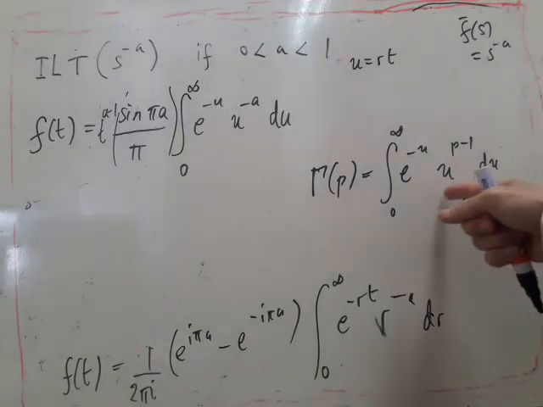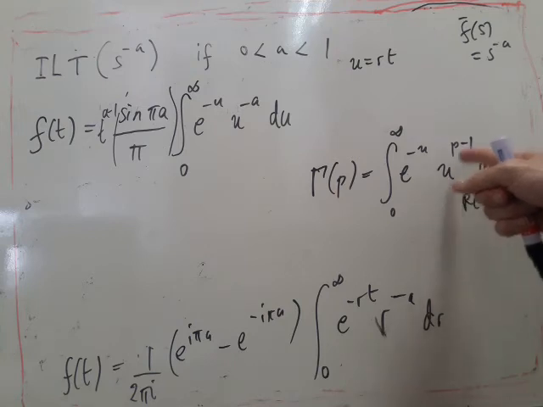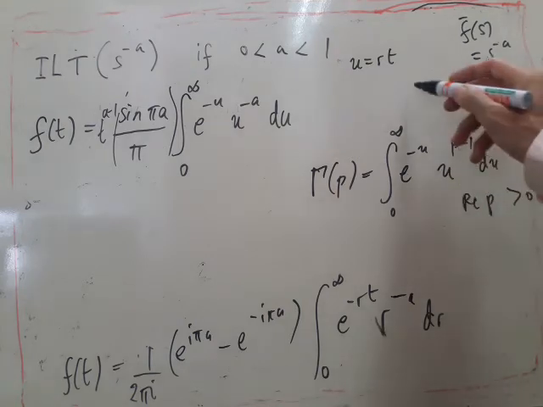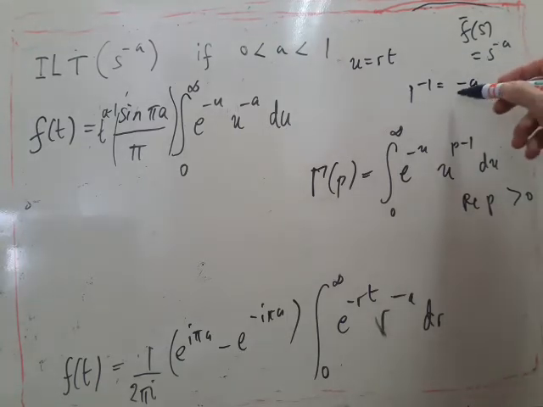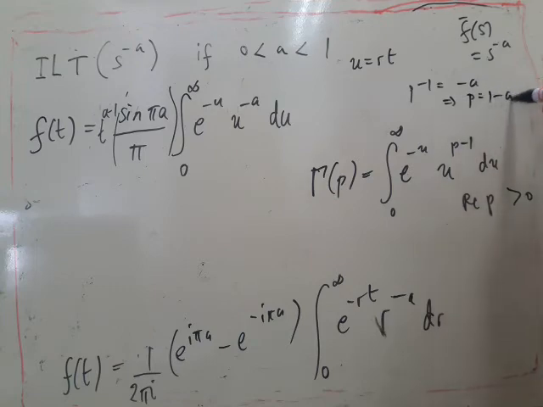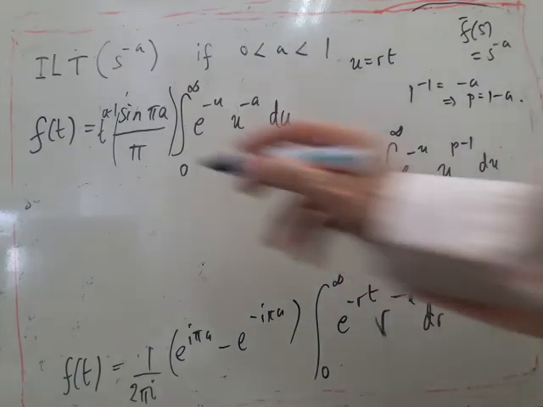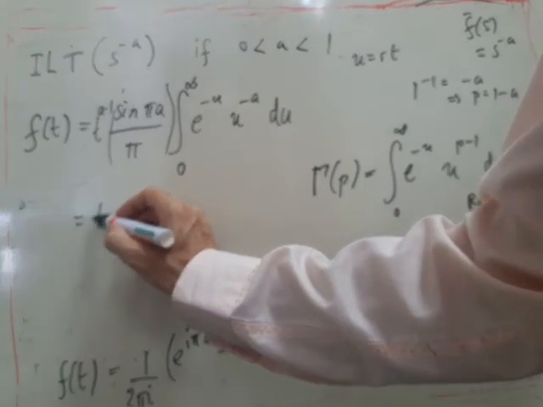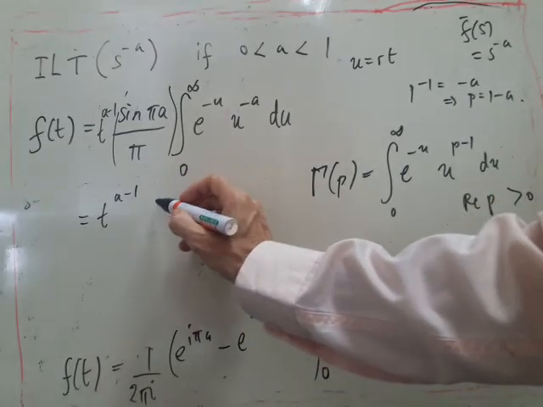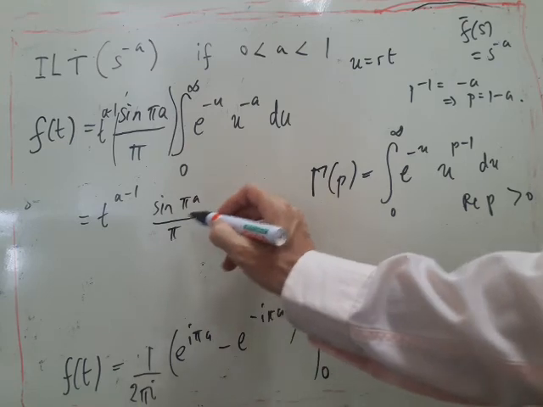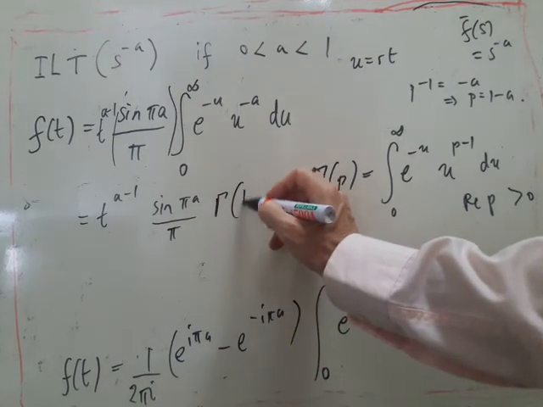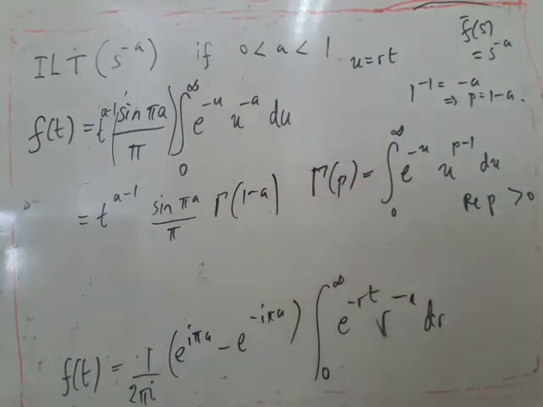So comparing with this, I've got p minus 1 is equal to minus a, so therefore p is equal to 1 minus a. So this is just equal to t to the a minus 1 times sine pi a over pi times the gamma function of 1 minus a.